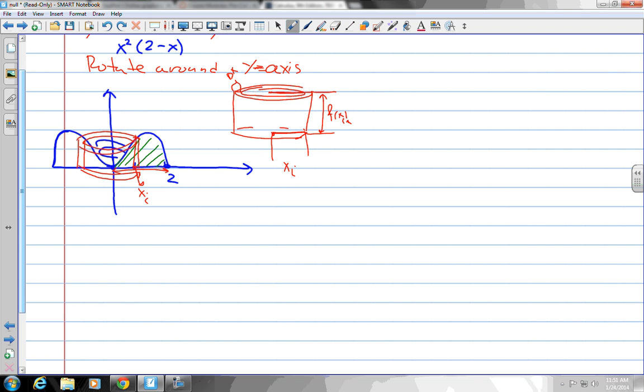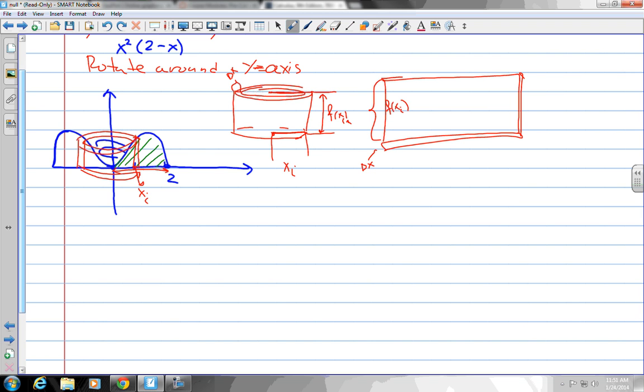Now, to find the volume of this shape, the traditional way we do that, we cut it and flatten it out. That's a rectangular box again, right? If I cut it up and flatten it out, it's like that. So the thickness is delta x. This side is the function f of x sub i, right?